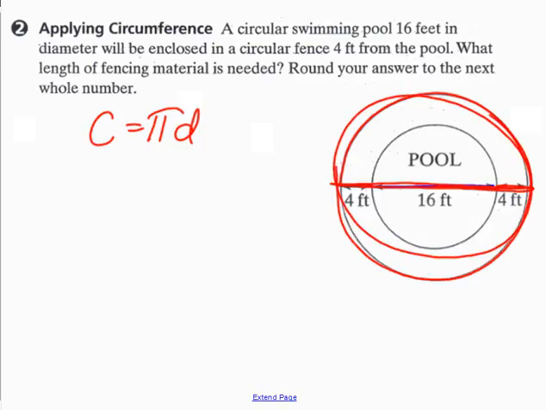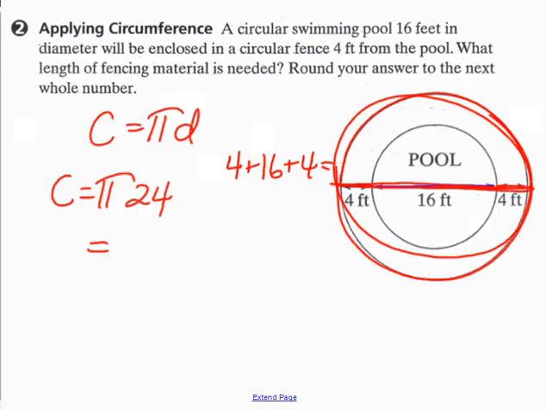We don't want the distance around the pool. So we're going to take 4 plus 16 plus 4 to get the diameter of the red circle. So that's going to be 24. So circumference equals pi times 24.